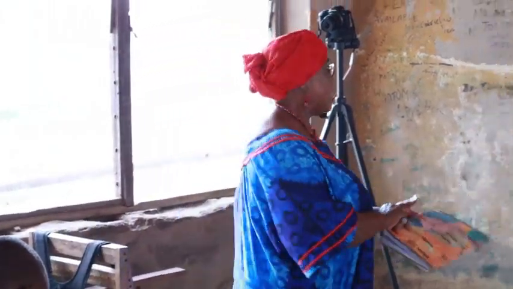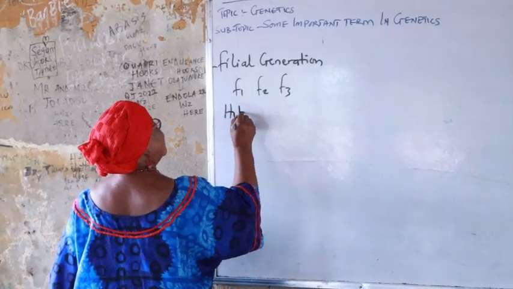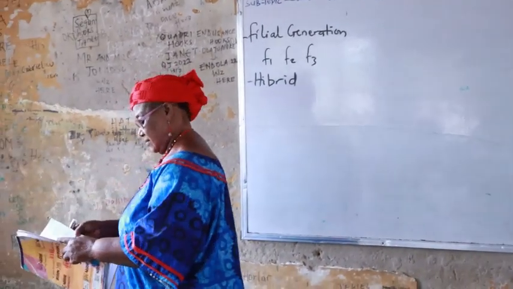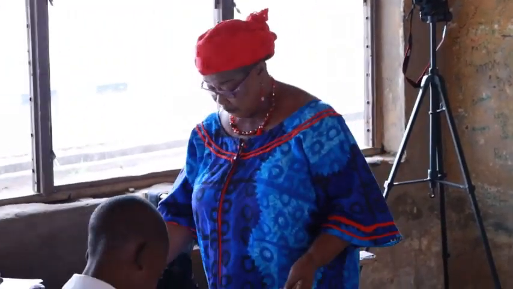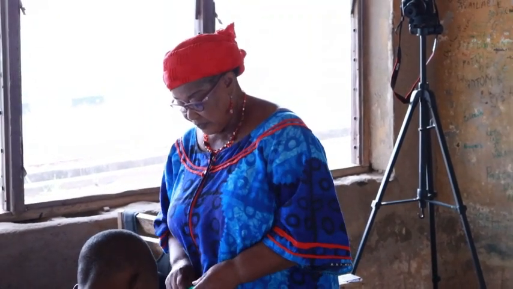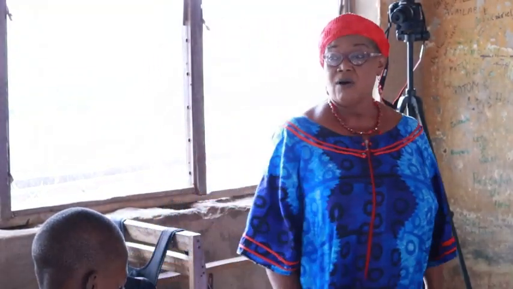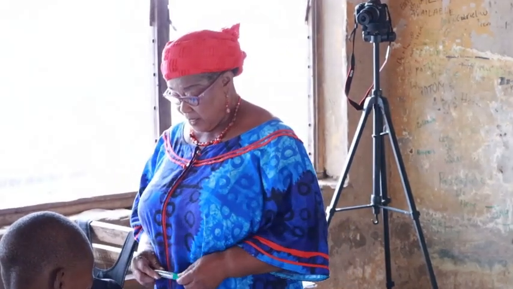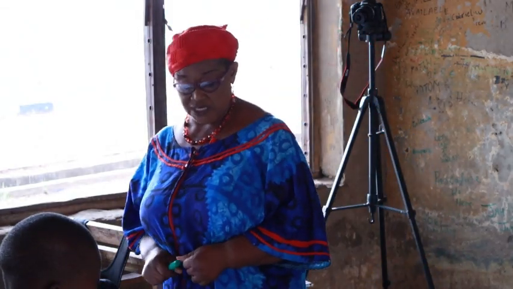So let's look at another one, hybrid. This is an offspring from a crossing between parents that are genetically different, but of the same species.